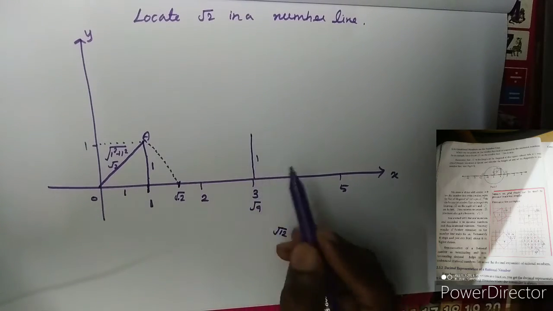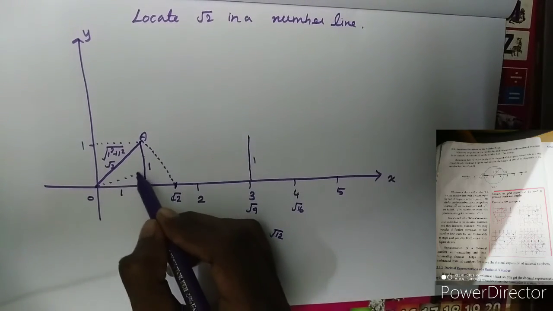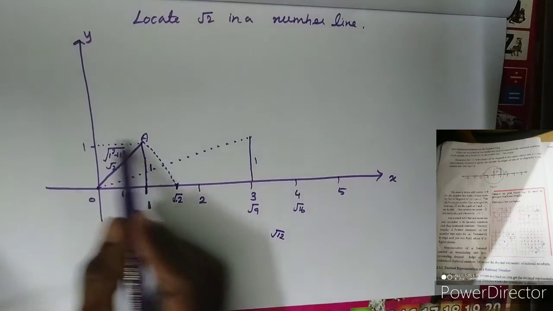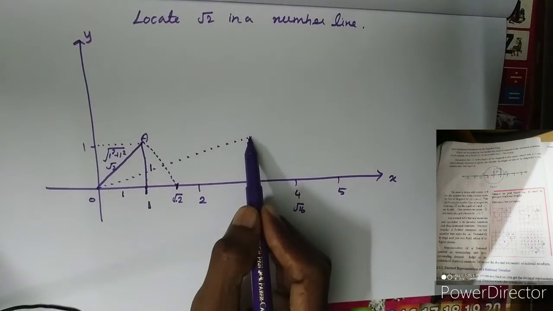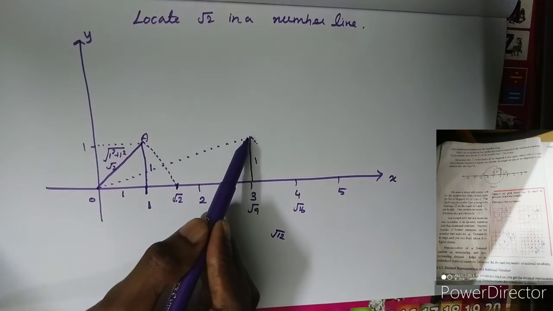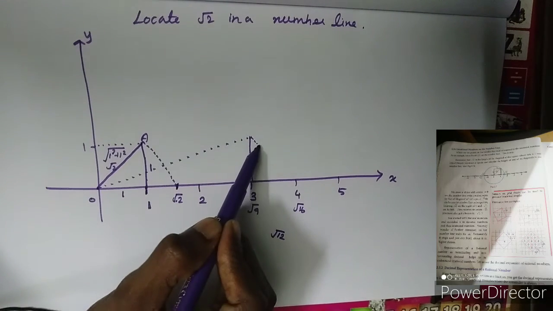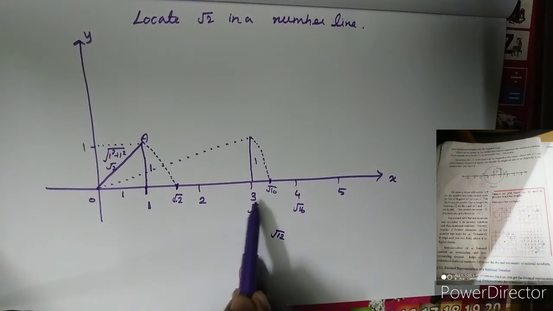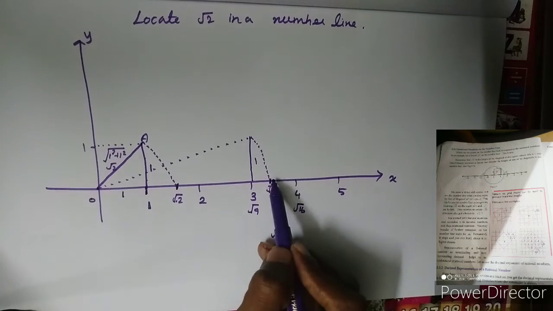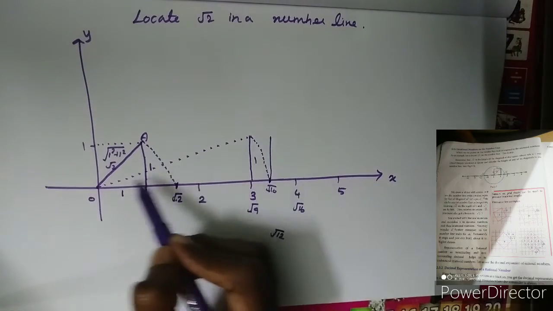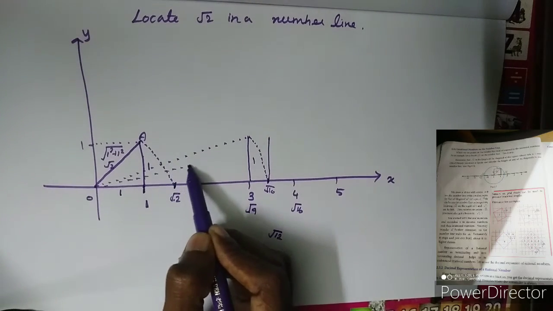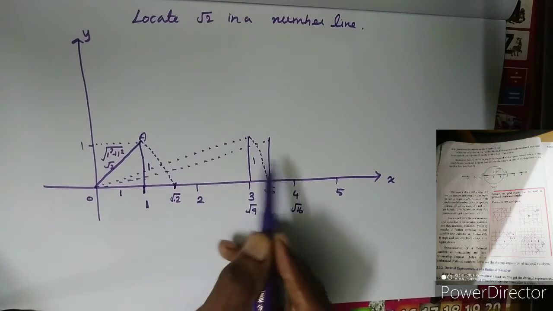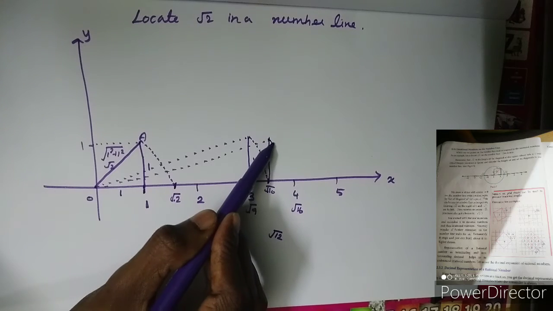Make the height 1 unit. Consider this diagonal. Now it is like a rectangle, but the height is always 1. Make the diagonal and take the diagonal as the radius. Draw an arc. The arc cuts the x-axis at the point root 10, because it was root 9, the next number is root 10. Then make the height, draw another diagonal, and consider this diagonal as the radius of the circle.